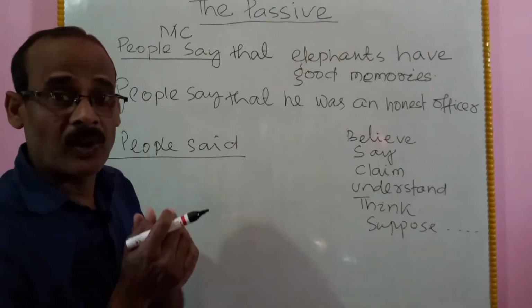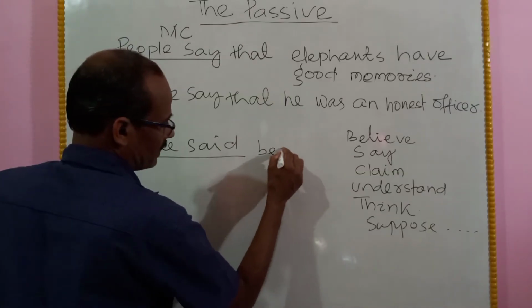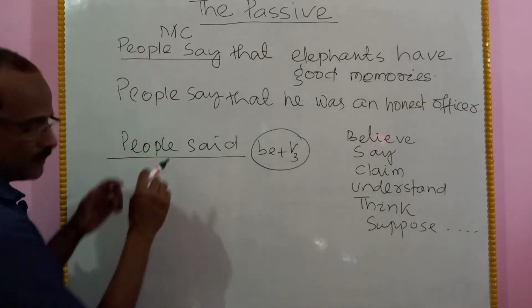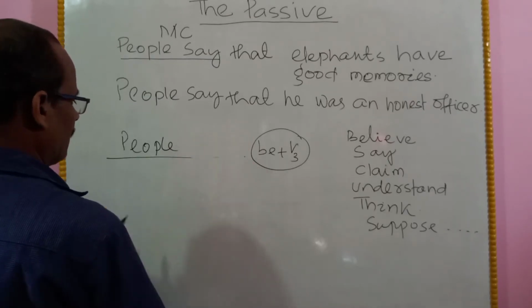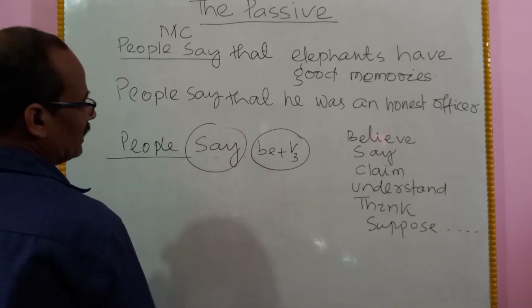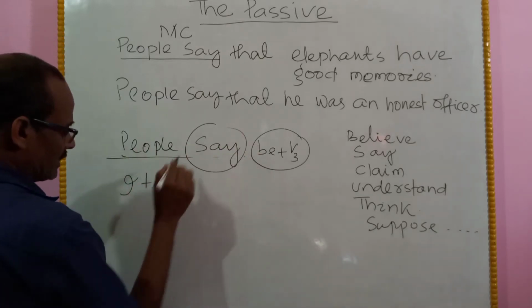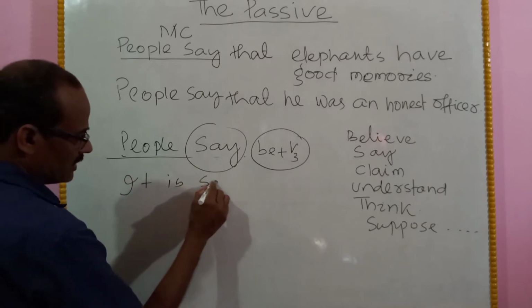So we follow the basic rule: be plus V3, the passive design. "People say" is present simple, so we change it as present simple, be verb is: it is said.